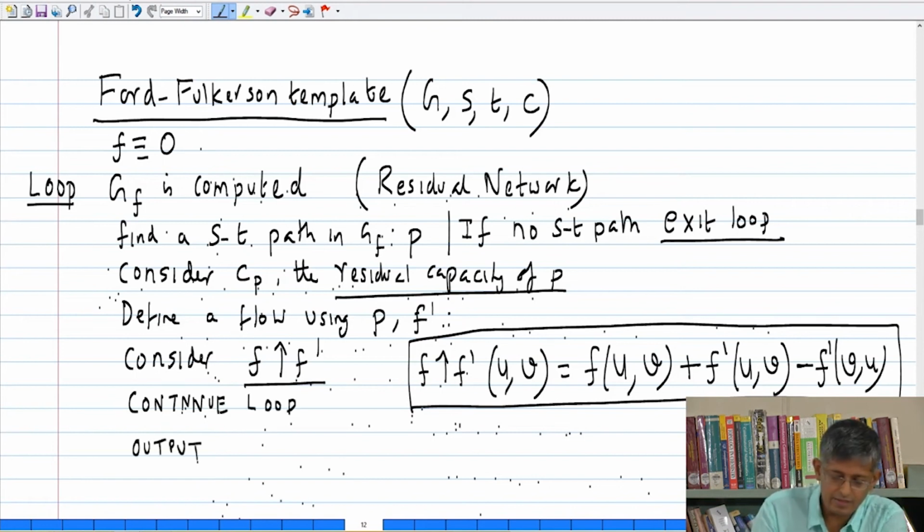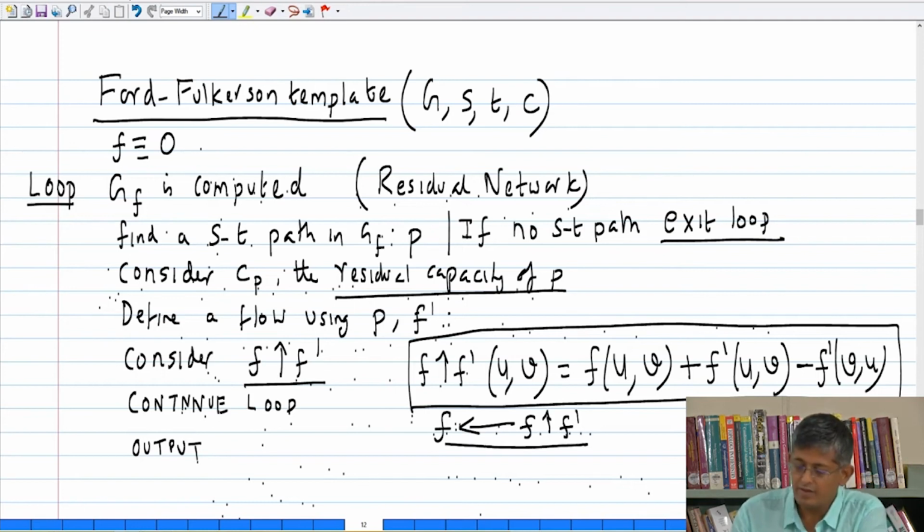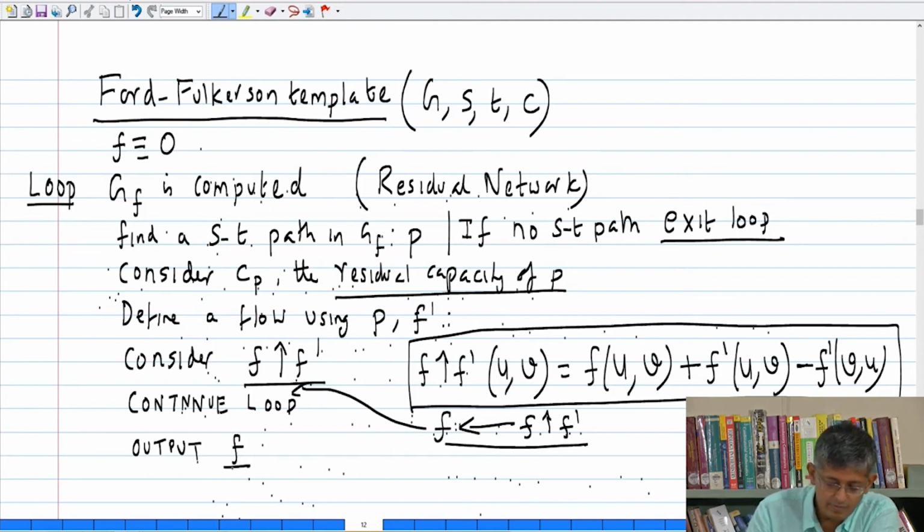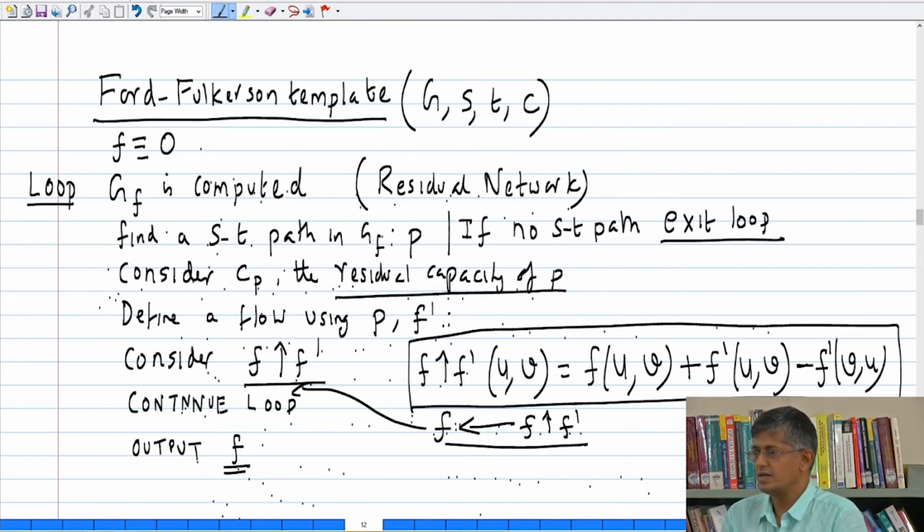Just one intermediate step: assign to f, f augmented with f prime before you continue the loop. Output f. So this is the Ford-Fulkerson template.